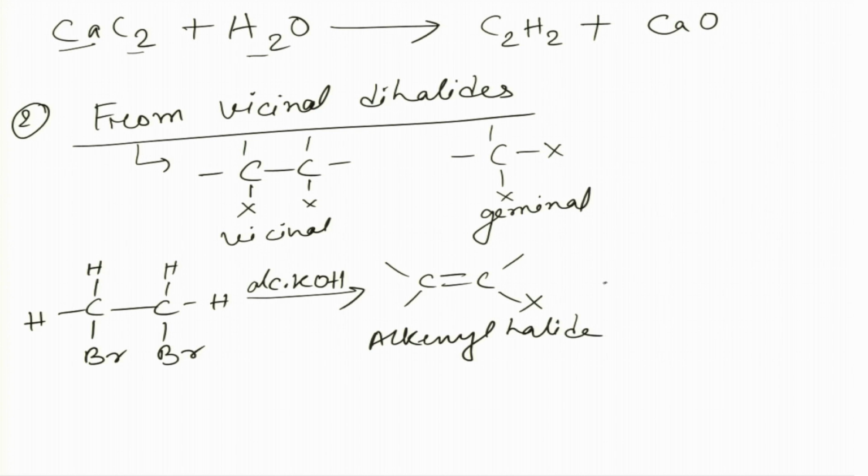And from this alkynyl halide, we add sodamide, which exists as Na plus and NH2 minus and is highly basic. On addition of sodamide, we get the alkyne.